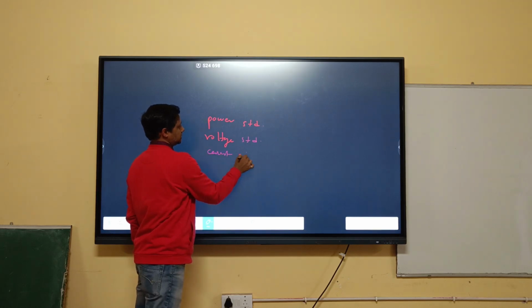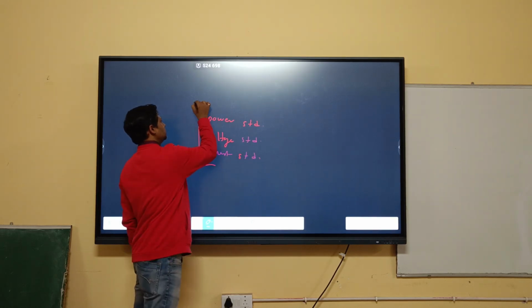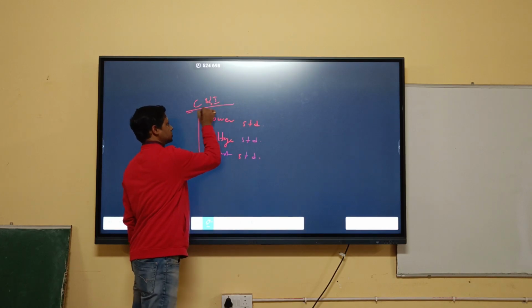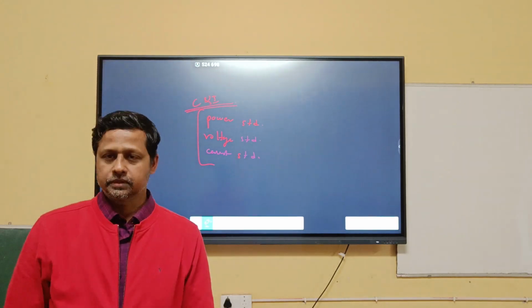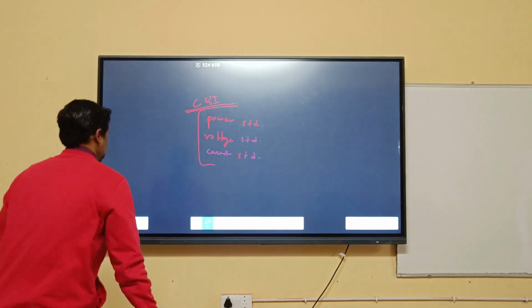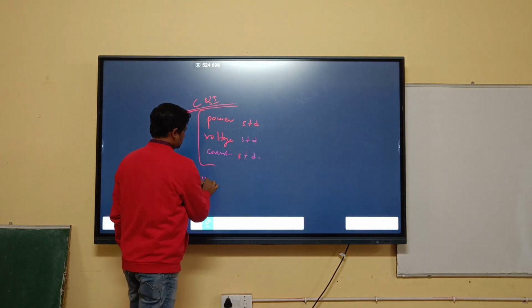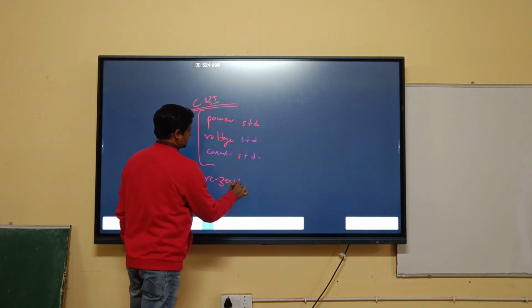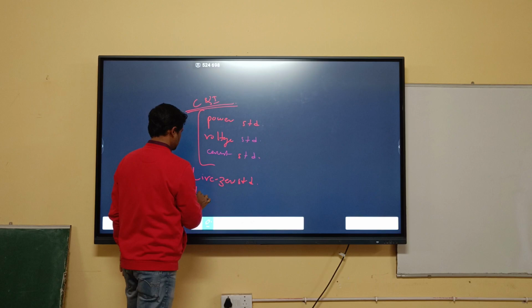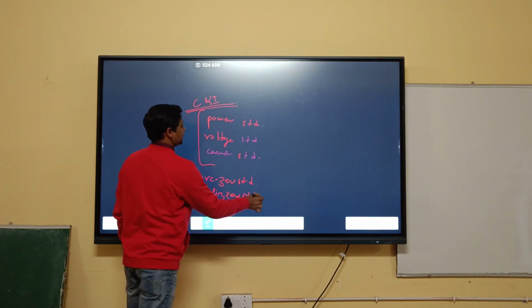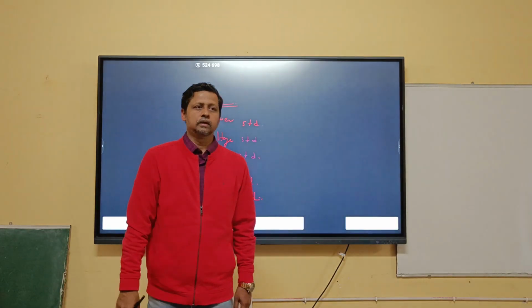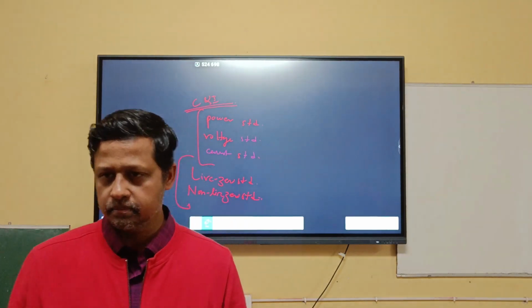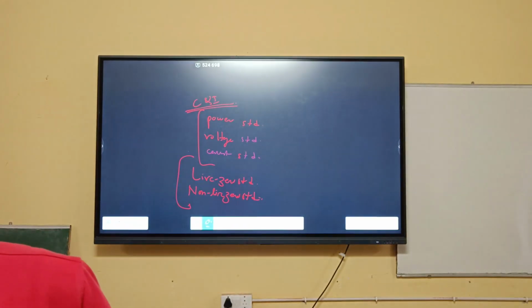What is current standard for C&I applications or industrial instrumentation? Something you will also come to know about two more terms. One is called live zero standard, one is non-live zero standard. The words look very heavy, but once you understand, it's very easy, like a class 2, class 3 job.